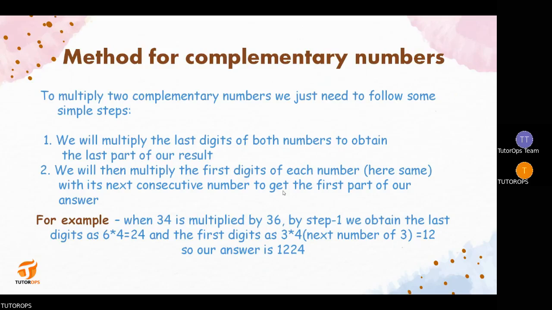Then we multiply the first digit, which is the same in both numbers, with the next consecutive number to get the first part of our answer. The next consecutive number of 4 is 5, so the first part will be 4 into 5, that is 20. So the first part is 20 and the latter part is 24. The actual result of 44 into 46 will be 2024.